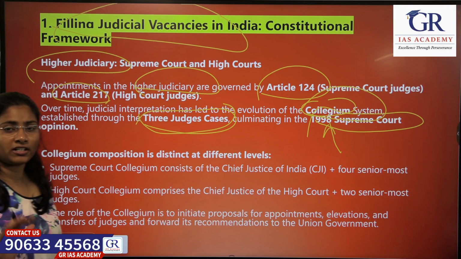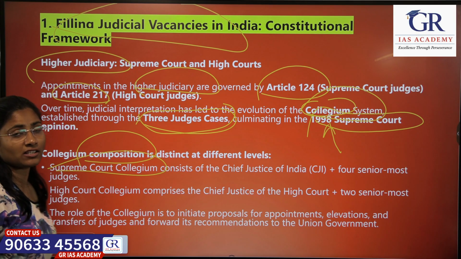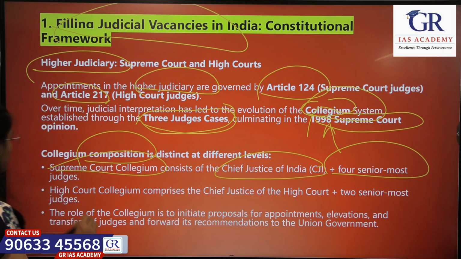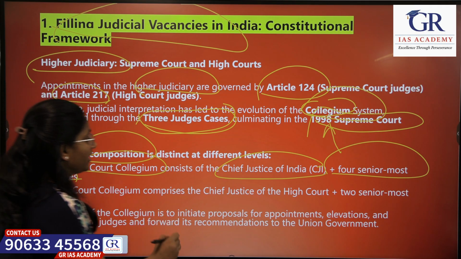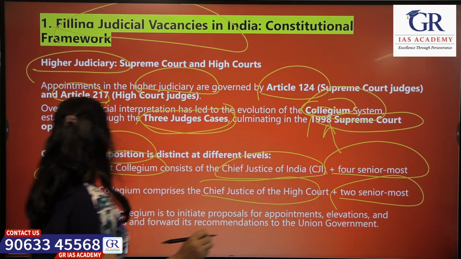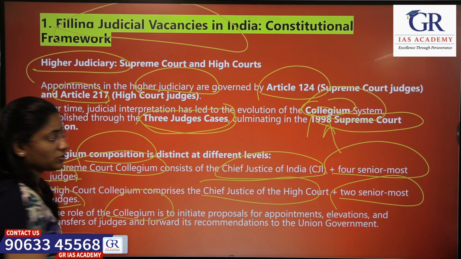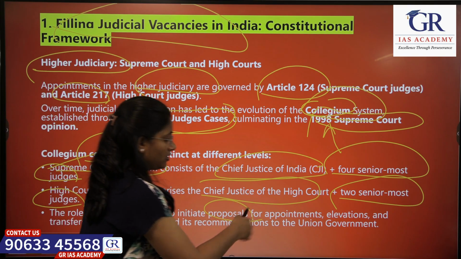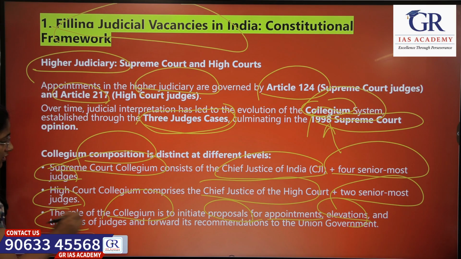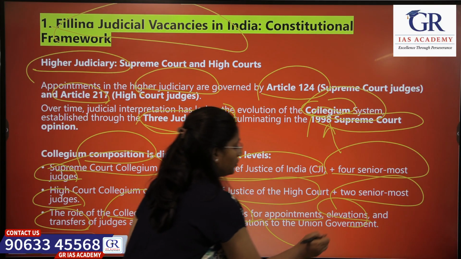So what is the composition of the collegium? The Supreme Court collegium consists of the CJI and the 4 senior most judges of the Supreme Court. In the case of the High Court, it consists of the Chief Justice of the High Court and the 2 senior most judges of the High Court. What is the role of the collegium? It will initiate proposals for appointments, promotions and transfers of judges, and recommend these proposals to the union government.